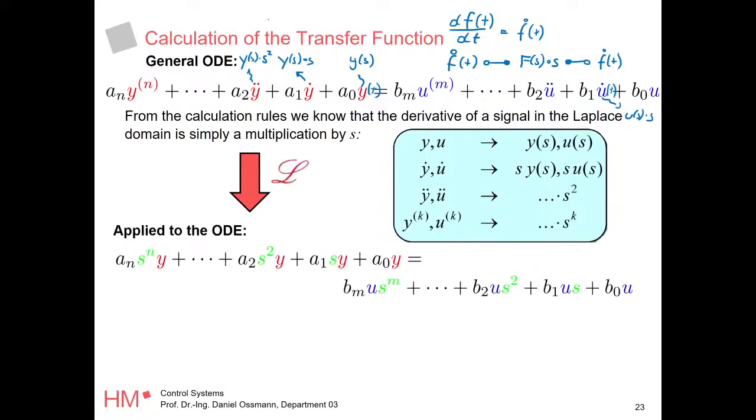So you see, you only need to replace all the derivatives in your ODE by s to the power of the degree of the differentiation you have. So you replace u and y by u of s and y of s. You replace the first derivative of y and u by y of s times s and u of s times s. And you replace the second derivative with y of s times s squared and u of s times s squared, and so on.